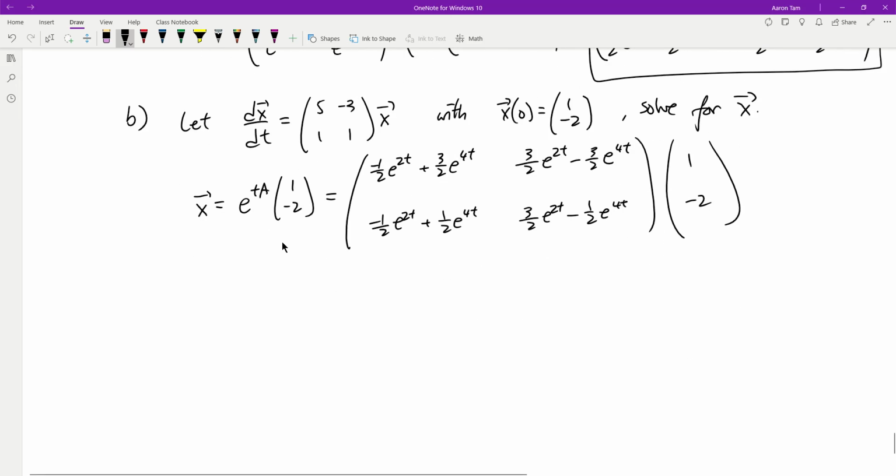Now, it might seem quite complicated, but it actually is not, because all you really have to do is focus on the terms that are involved. If you look at this matrix right here, even though it looks complicated with a binomial in every single entry, and there are 4 of them, and then I have to multiply that by the vector 1, negative 2, how are we going to do this?